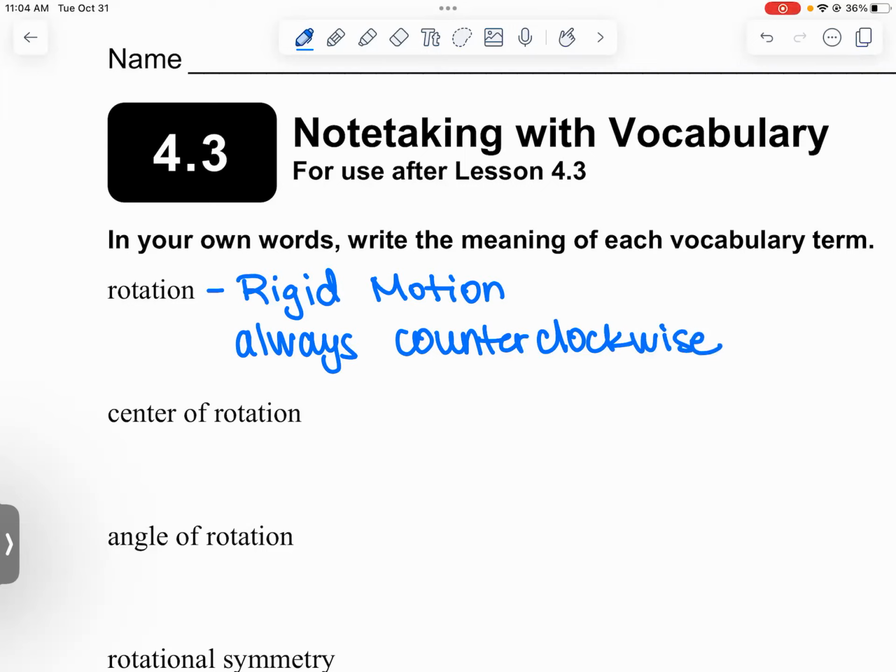Okay, so rotation is one of our rigid motions, and we're always going to go counterclockwise. We are always gonna go counterclockwise.